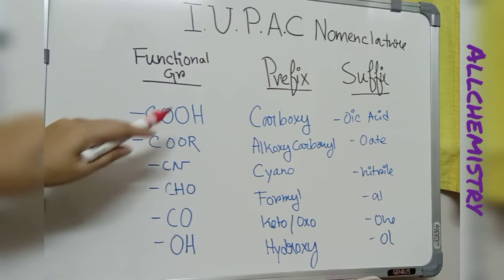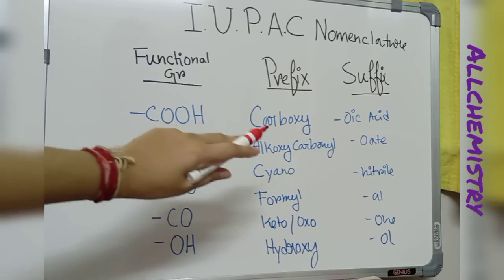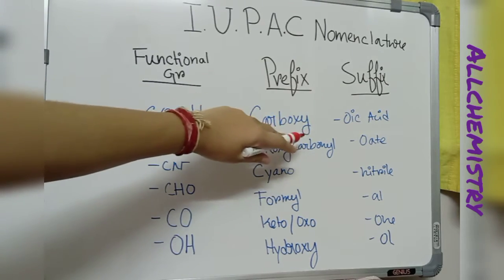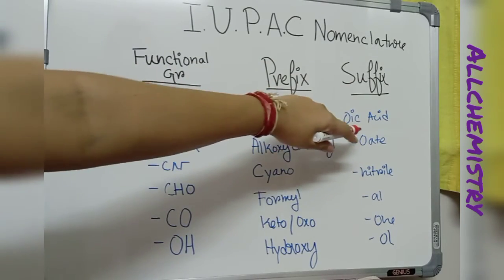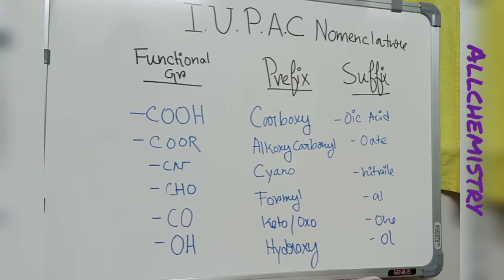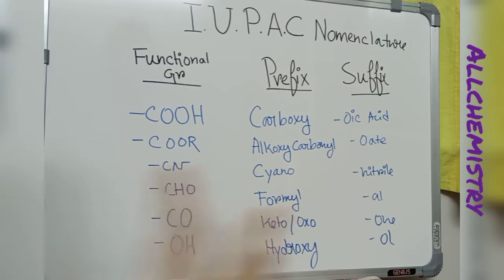When we take the acid group, its prefix is carboxy, and as suffix we call it oic acid. So it comes to mind, what is a prefix and what is a suffix? Actually, it matters when you have two groups.